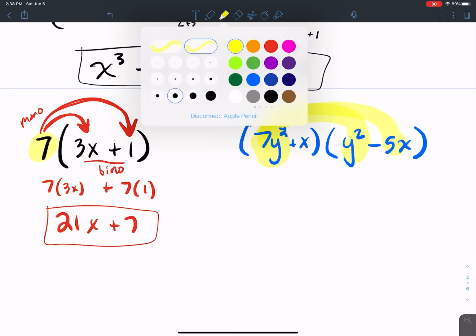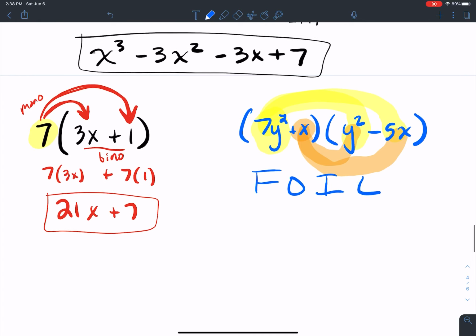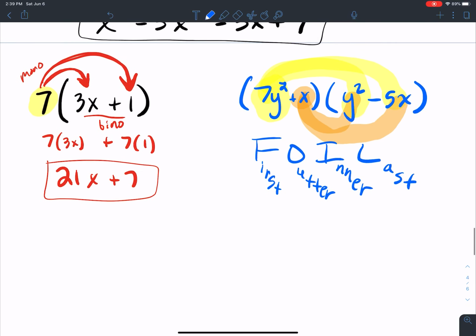But then on top of that, I'm going to take this x and I'm going to distribute it to each piece there. So a clever way to remember this, I like to call this the FOIL. Why do I call it the FOIL? Because what I'm going to do is multiply out the first, the outer, the inner, and then the last. Okay? So the FOIL technique. So 7y squared plus x times y squared minus 5x.